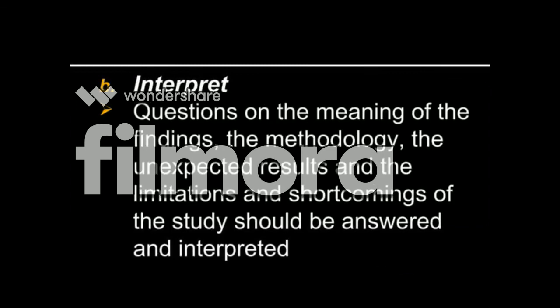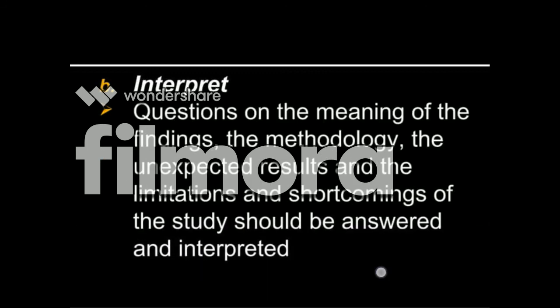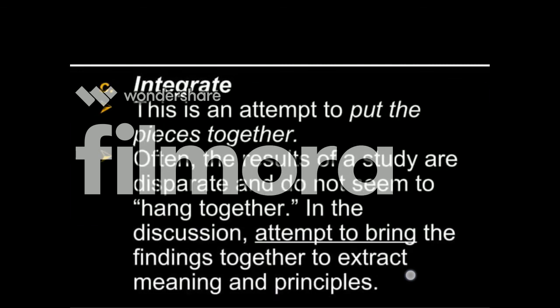Next is to interpret. Questions on the meaning of the findings, the methodology, the unexpected results, and the limitations and shortcomings of the study should be answered and interpreted. Next, we integrate. This is an attempt to put the pieces together. And often the results of the study are disparate and do not seem to hang together. In the discussion, attempt to bring the findings together to extract meaning and principles.